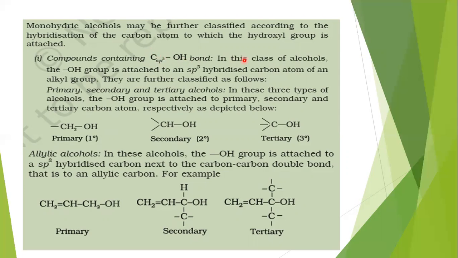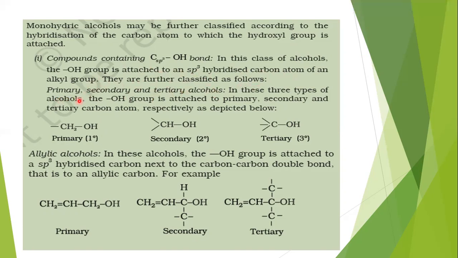Okay, in this class of alcohols, the OH group is attached to an sp3 hybridized carbon of an alkyl group. This type of compounds or alcohols are further classified as primary, secondary, and tertiary alcohols.